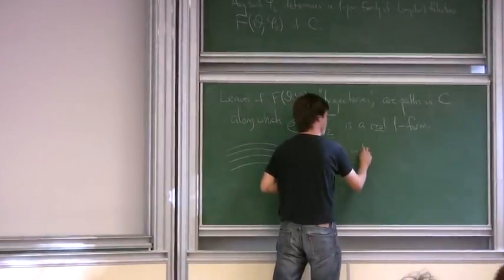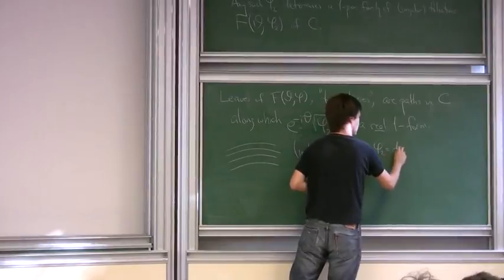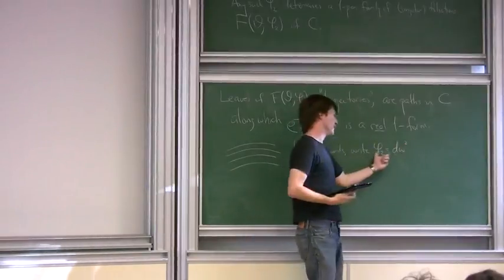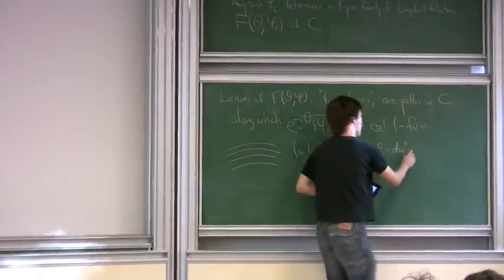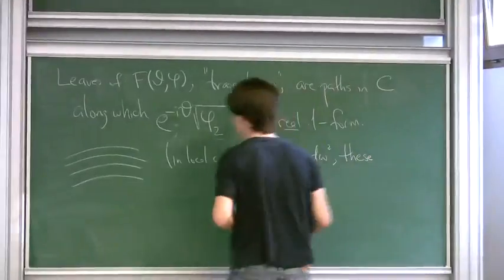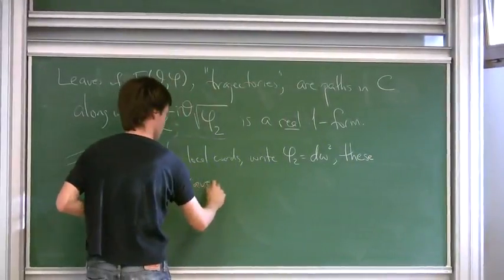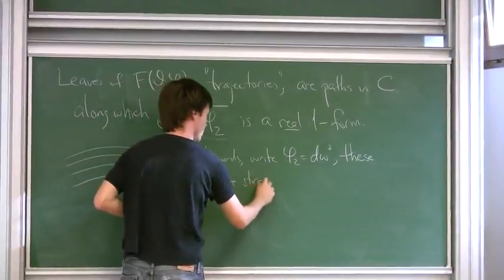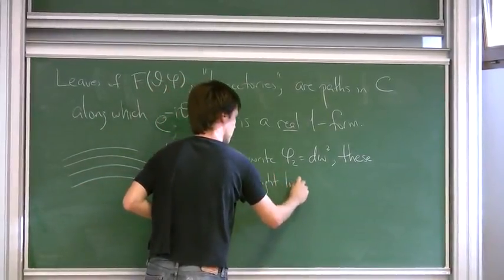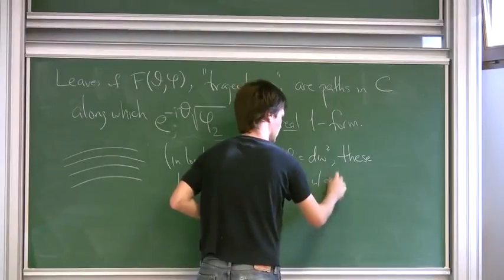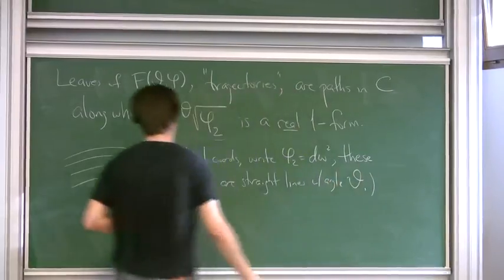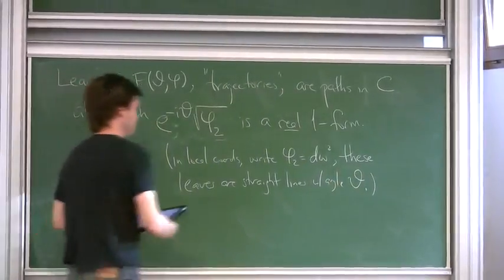You could choose a local coordinate where phi 2 is literally dw squared. Then these leaves are just straight lines with angle theta in w.